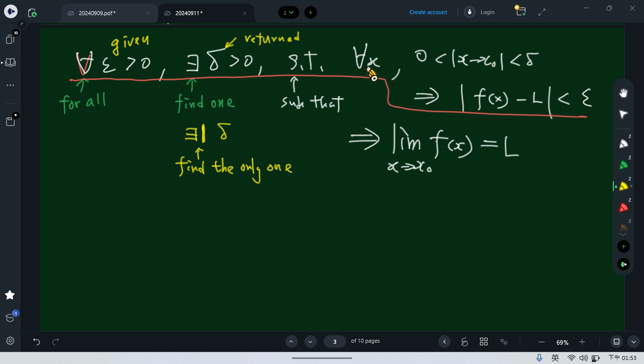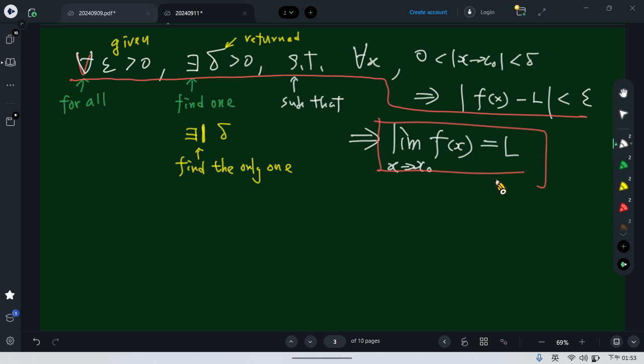Then for any x, if the distance between x and x0 is less than delta, then I always can get the distance between f(x) and L less than epsilon. Then we can conclude its limit exists at L. Okay, so 4 steps.